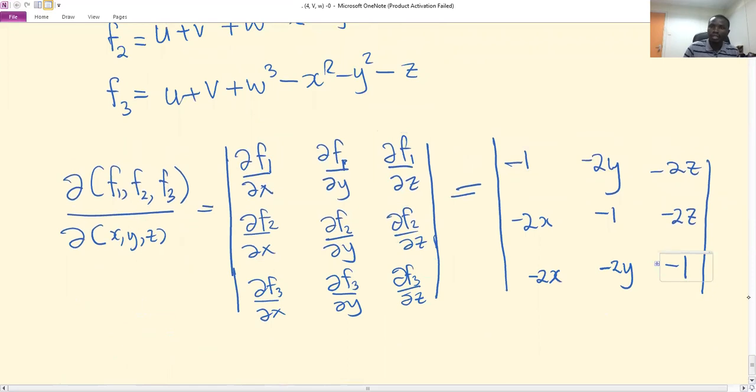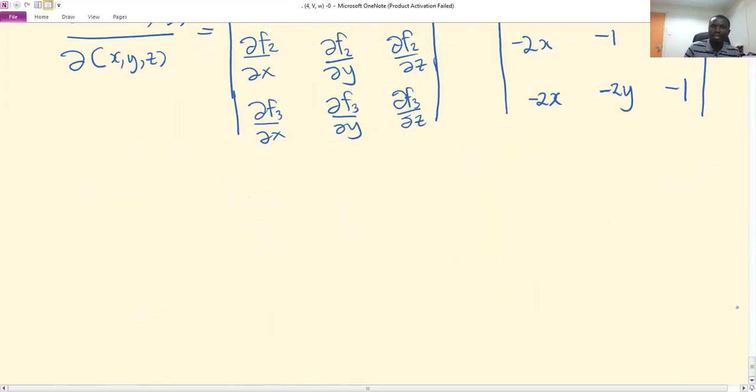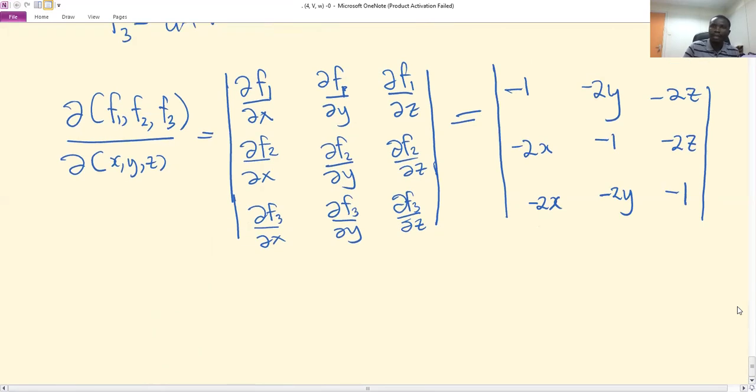Now, to evaluate this determinant, we use properties of determinants. In the first row, we have a scalar, minus 1, which is common to all the terms. So I can factor out minus 1, and then I have 1, 2y, and 2z. In the second row, I also have another scalar, so I also factor out minus 1, and I'll have 2x, 1, and 2z.